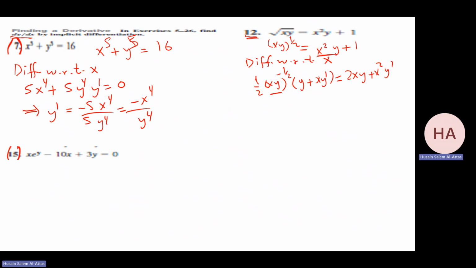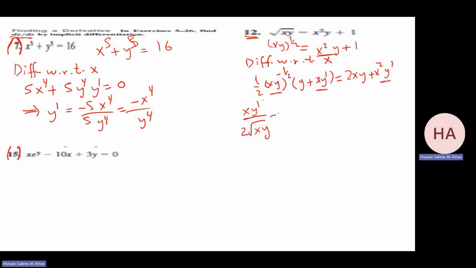Now I'll combine the ones with y prime on one side, the ones with no y prime on the other side. So I have what? Half, or 1 over 2 square root of xy, times x, y prime. This is times this. This is 1.